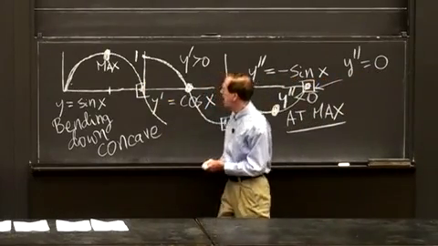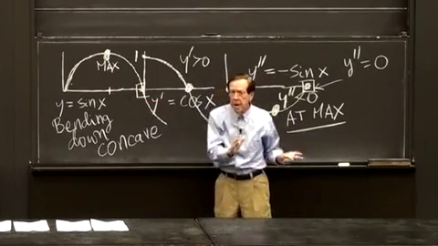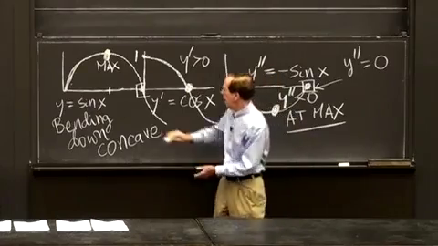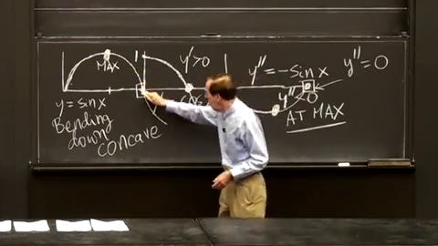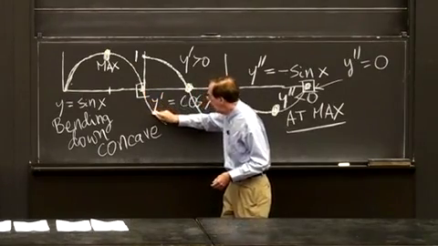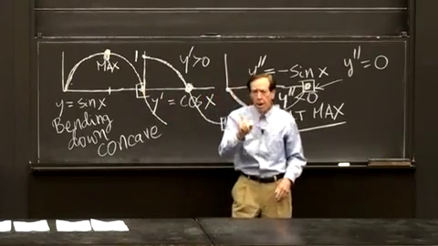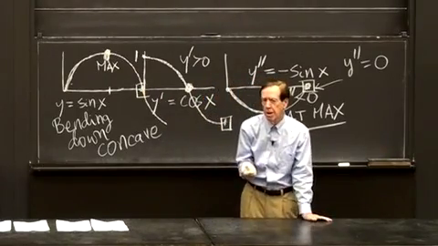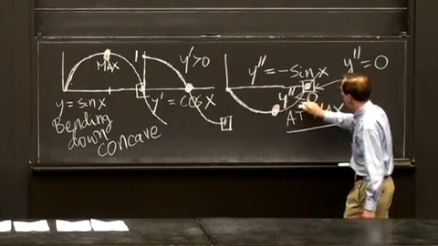Can you see what's happening at this point as far as bending goes? This curve is bending down. But when I continue, the bending changes to up. This is a point where the bending changes. The second derivative changes sign.